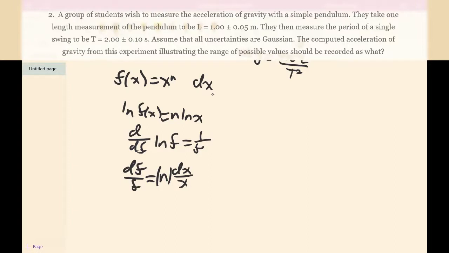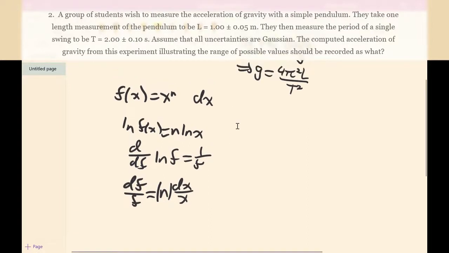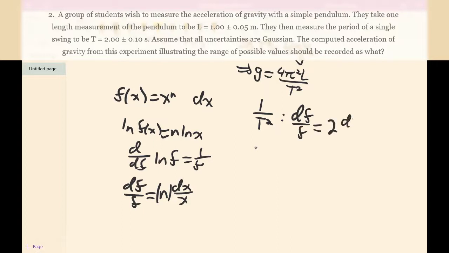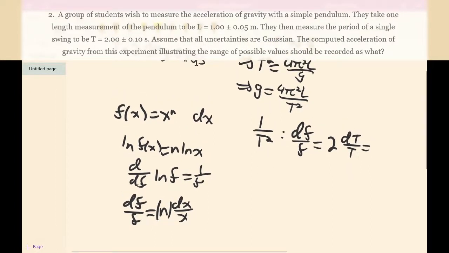So the relative uncertainty df over f is equal to 2 times dT over T, and since dT over T is 0.05, this is equal to 0.1.